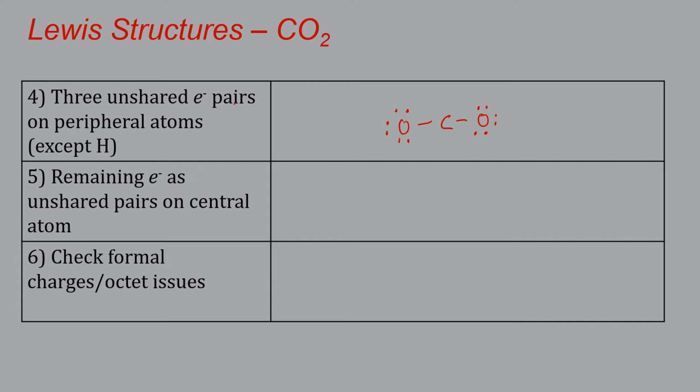Now, the next step, if you were to have electrons left over at this point, then they go as unshared pairs on the central atom. But in this case, we don't need to do that. So now the next thing is to check for formal charge and octet issues. So let's go back up to the structure.